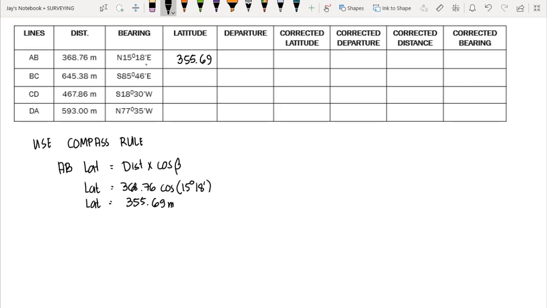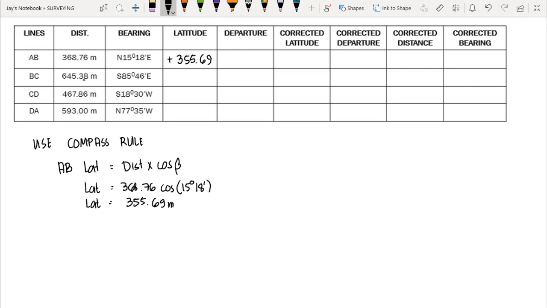Now take note, we have our direction, which is north. The sign of our latitude depends on whether it is in the north direction or the south direction. In this case, the direction of AB is along the north, so therefore that is positive. So we have positive latitude.